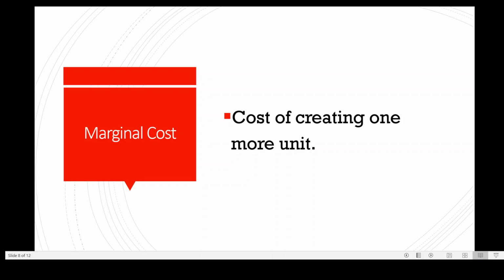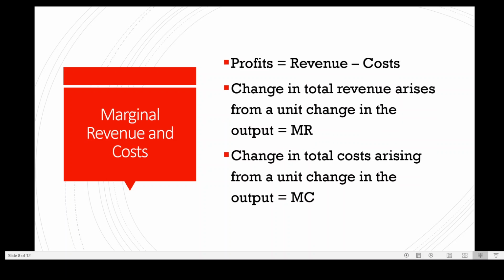A marginal cost is the cost of producing the last unit, the cost of creating one more unit. If you are producing n units and the n plus 1th is the last unit produced, what's the cost of creating that n plus 1th unit?